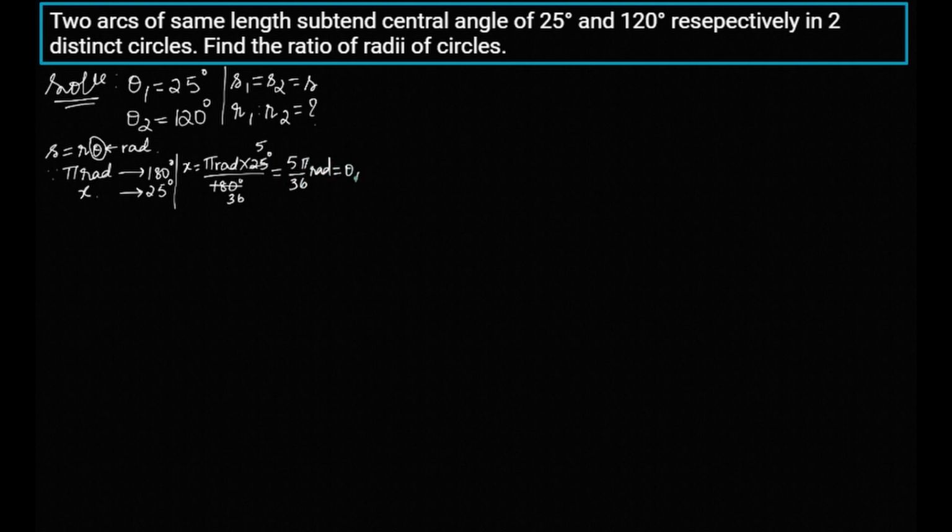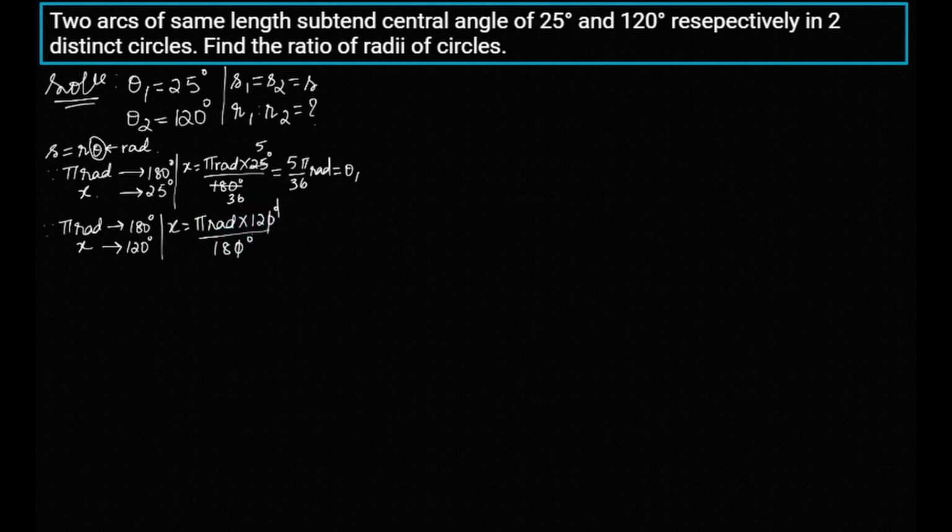And our second angle is 120 degrees. Pi radians is equal to 180 degrees. Let this be x. When we cross multiply this, we get x is equal to pi radians into 120 degrees divided by 180 degrees. 0 and 0 cancel out.